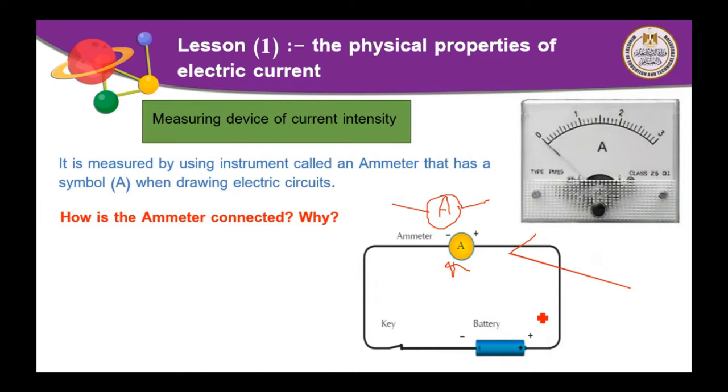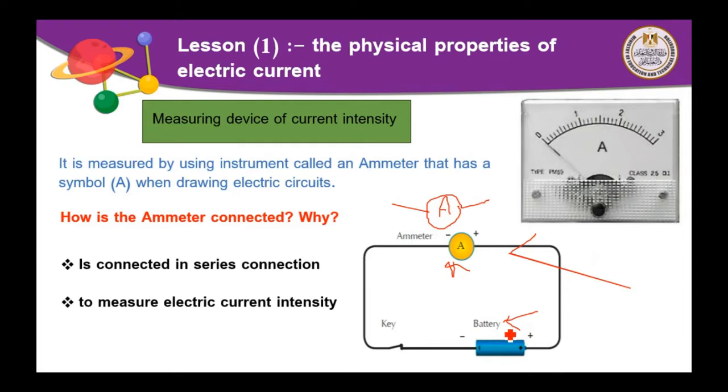That is the direction of electric charges passing through this electric circuit. This way is called series connection. Ammeter is connected in series connection.